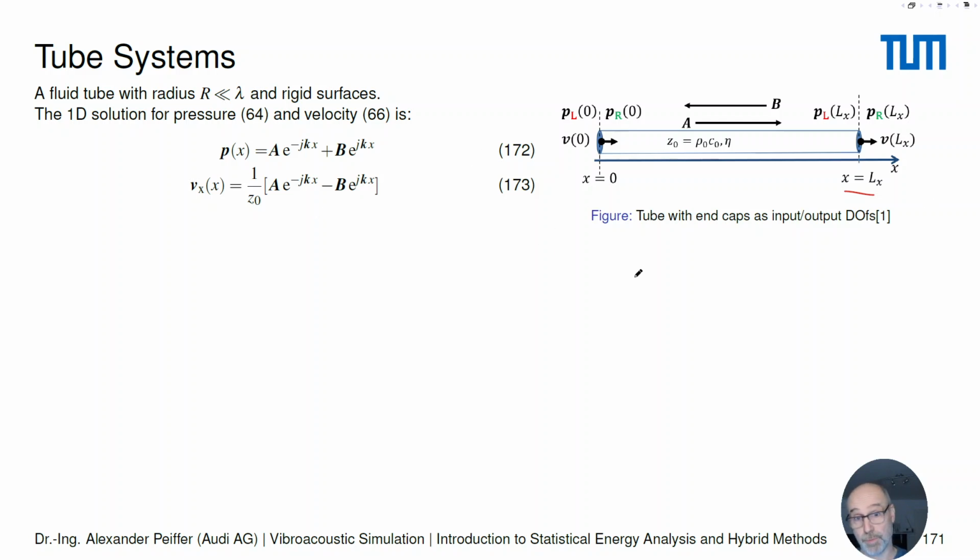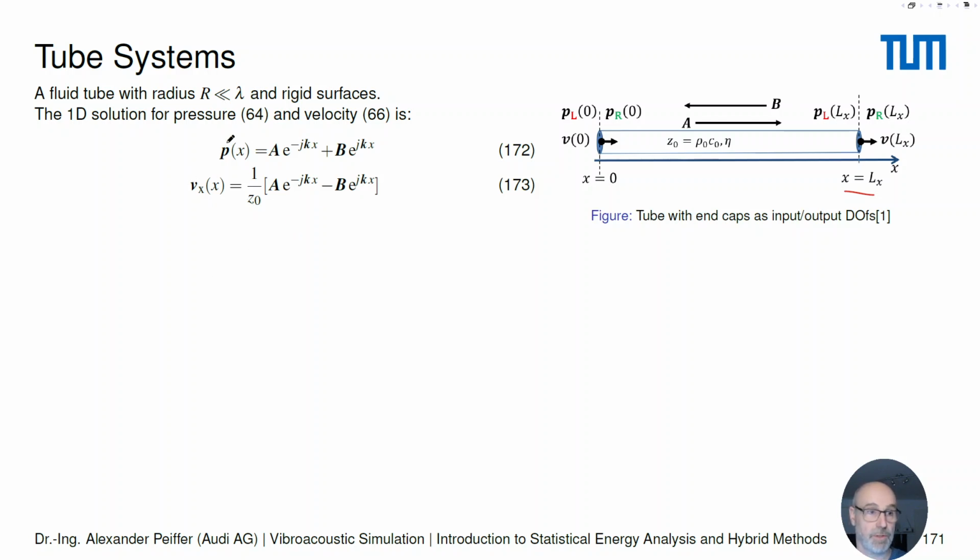The solution should be quite well known. This is our famous one-dimensional solution of the one-dimensional wave equation. We have two propagating waves, one in forward direction with amplitude A and one in backward direction with amplitude B. From this automatically follows the velocity.